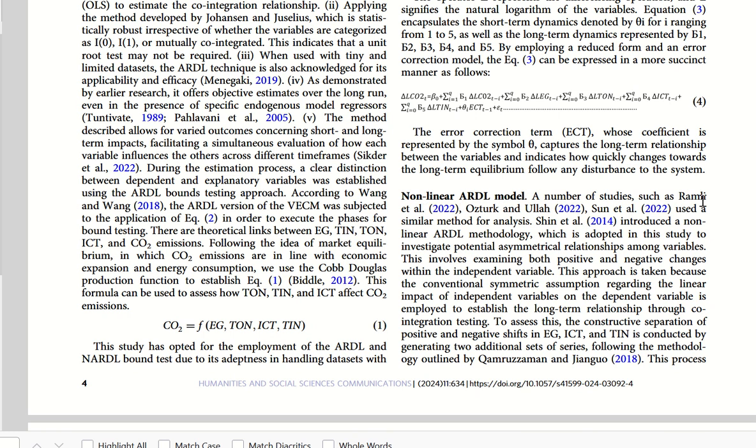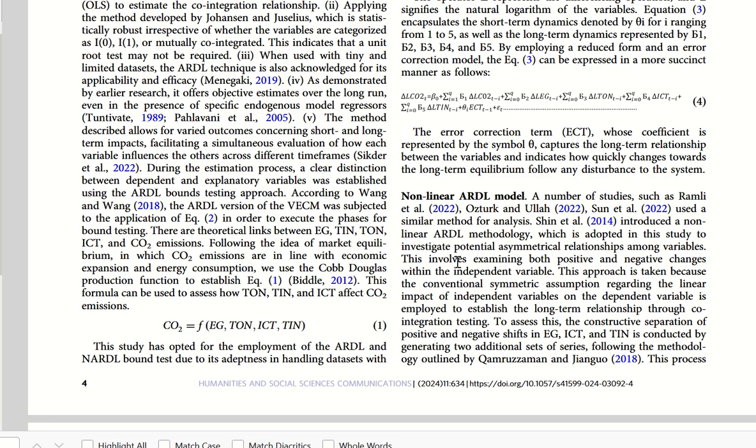A number of studies used a similar method of analysis, and the method introduced by Shin et al. 2014 is a non-linear methodology, adopted in this study to investigate the potential asymmetric relationship among variables.